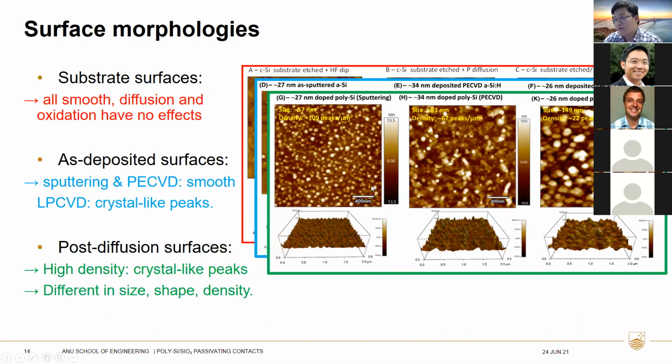After the phosphorus diffusions, all samples show a high density of crystalline peaks, but there's a difference in the size, shapes, and densities. So based on the image here, we extracted the size and the densities of the peaks, and we found that sputtering has the smallest size and highest density. Meanwhile, LPCVD has the biggest size and the lowest density.